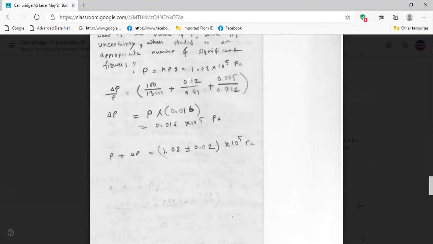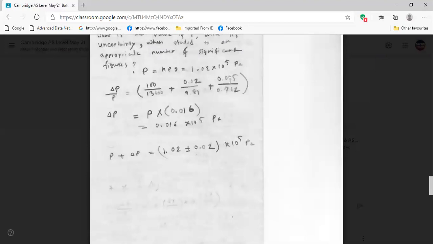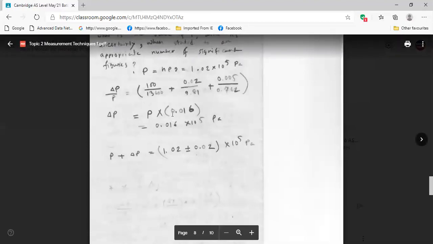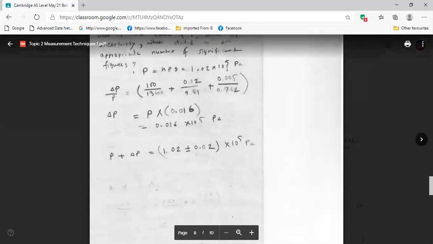Then for g, acceleration of free fall, we got 0.02 absolute uncertainty and the measured value is 9.81. Then for height, similarly. Adding the fractional uncertainties, it is coming 0.016. And del P is equal to P multiplied by 0.016. This value of P we already got, that is 1.02 times 10 to the power 5. We just set it here.